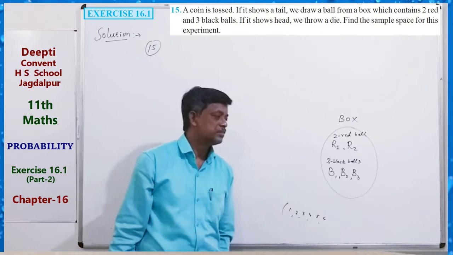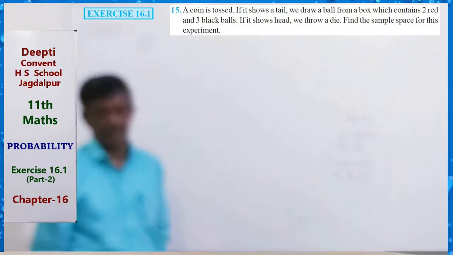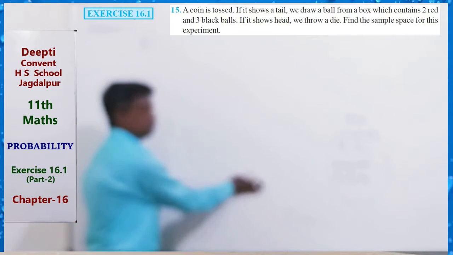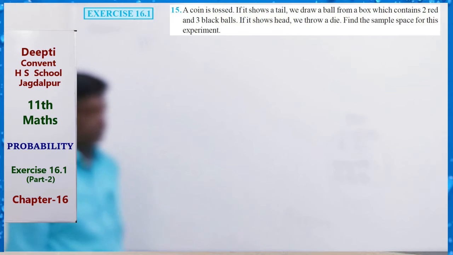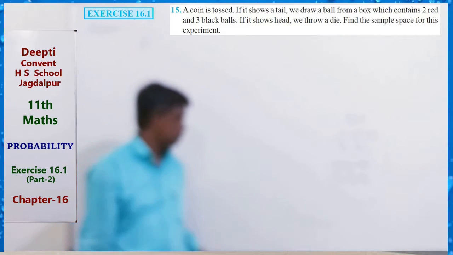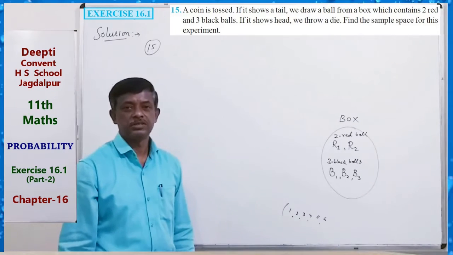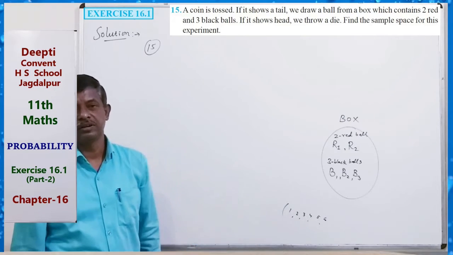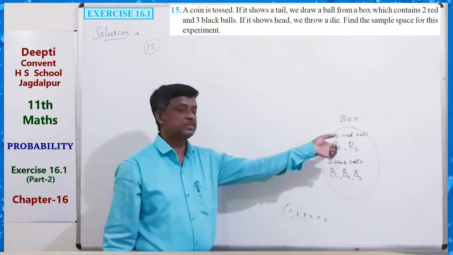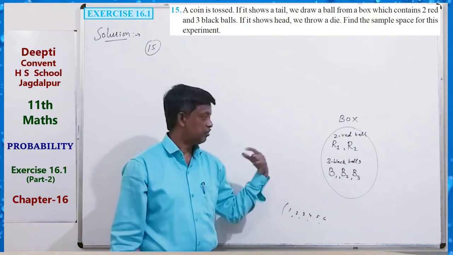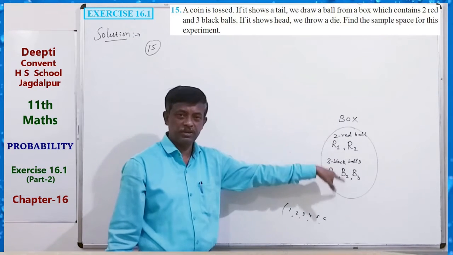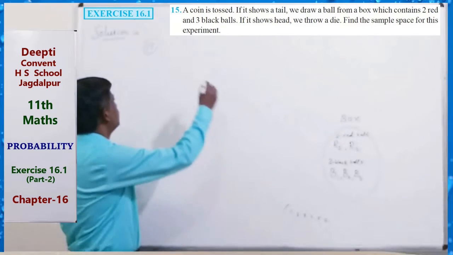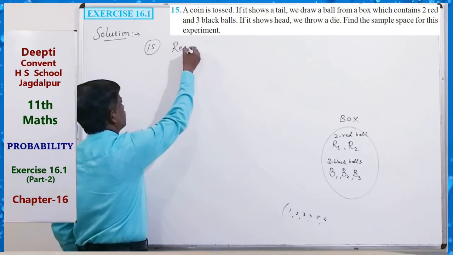Find the sample space for this experiment. First discuss tossing a coin, having 2 outcomes, head and tail, and throwing a die, 6 possibilities, getting 1, 2, 3, 4, 5, 6, and selecting a ball from the box having this type of balls. So, the required sample space.